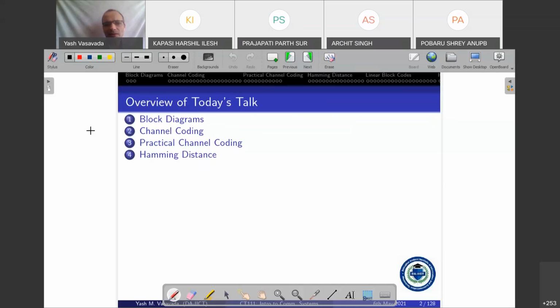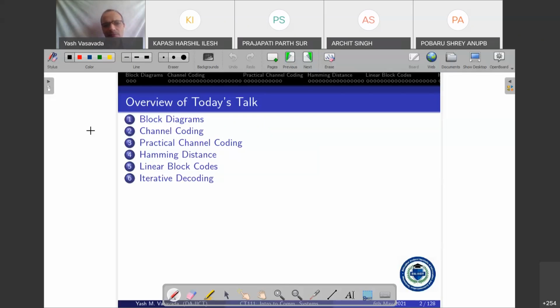One topic will be Hamming distance, and the other topic will be based on linear algebra that you have learned in your high school math. So this will be a nice application of some of the mathematical topics that you have learned.